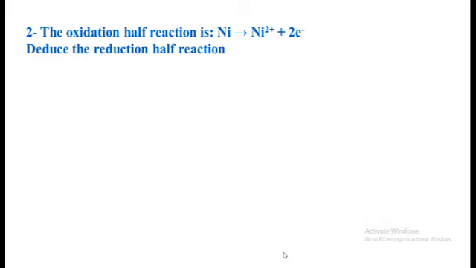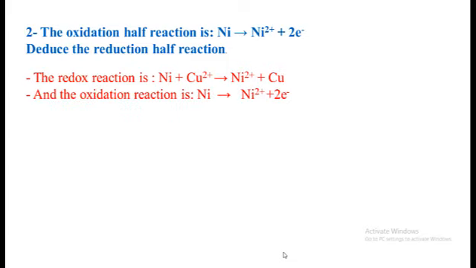Number 2, the oxidation half reaction is Ni gives Ni2+ plus 2 electrons. Deduce the reduction half reaction. From the previous slide, the redox reaction is Ni + Cu2+ give Ni2+ + Cu, and you have been given the oxidation reaction as we read it.